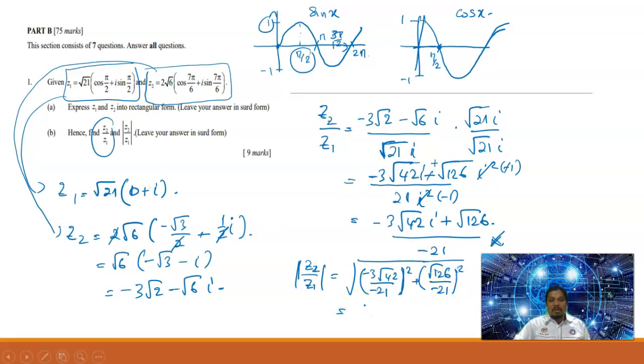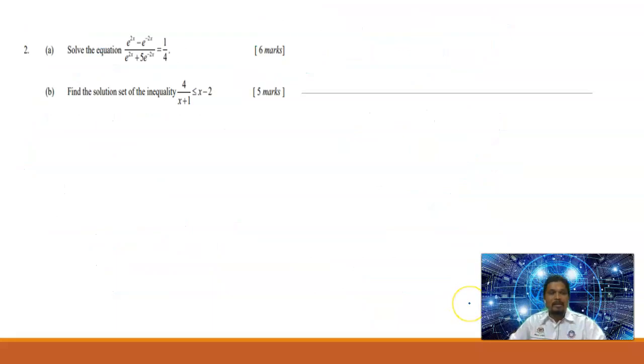So simplify these answers. If you recall, find the answers from the calculator, substitute all the values inside, and leave the answers in surd form.